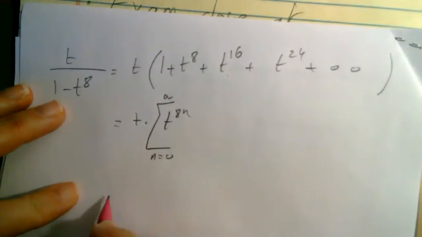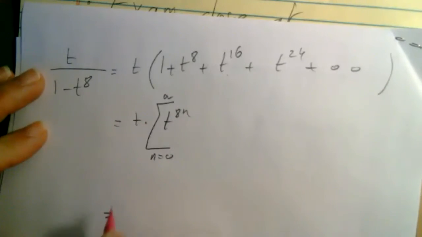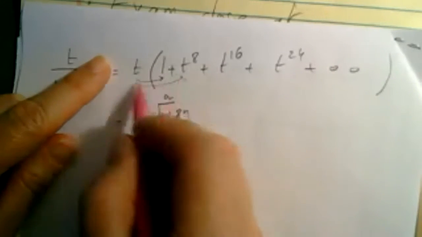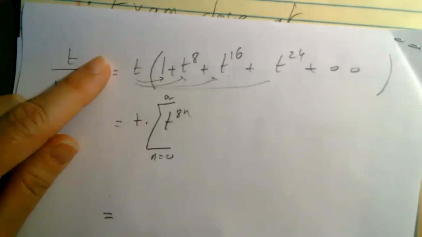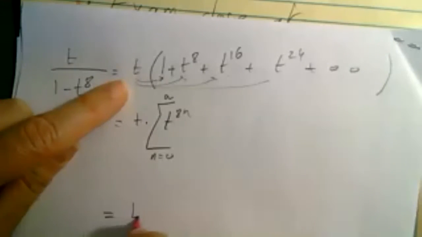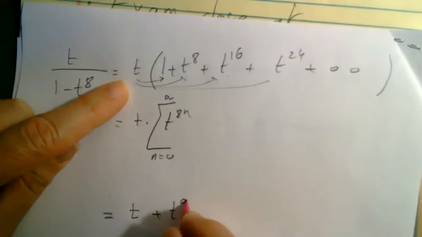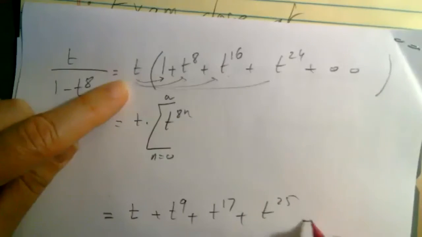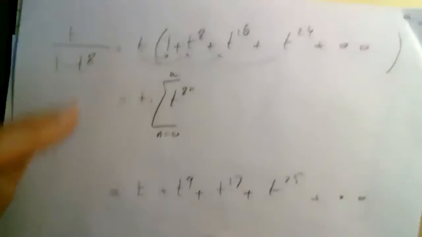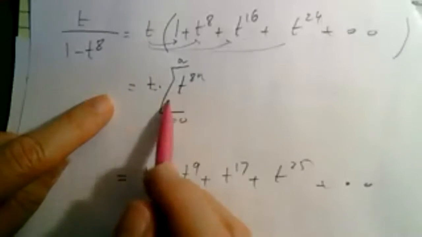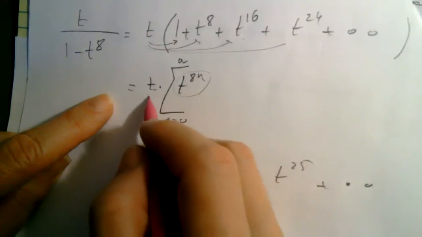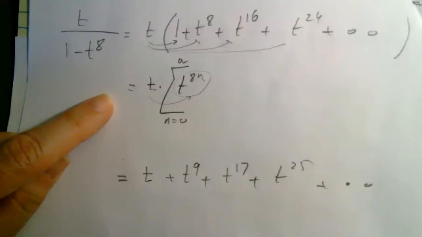But now, this is equal to what? What am I going to do here? I'm going to distribute the t across. Okay, so distributing, that's t plus t to the 9 plus t to the 17 plus t to the 25 plus etc. It means, what did I do at this stage? Every term is going to be multiplied by t.